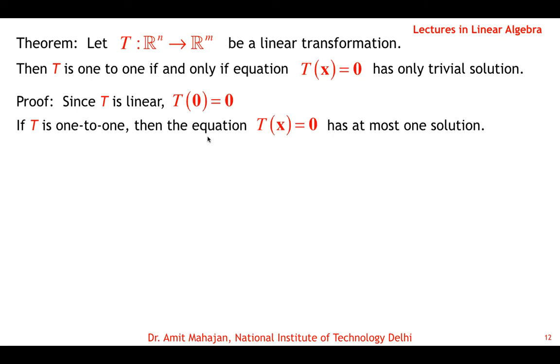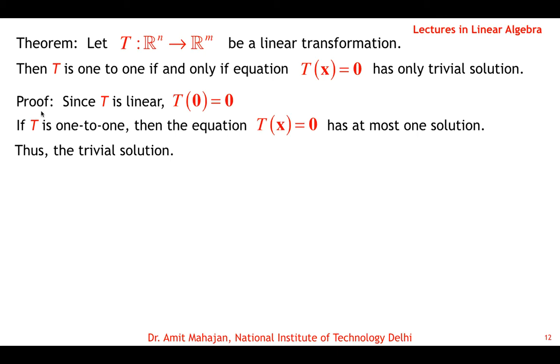Then by definition the equation Tx = 0 has at most one solution. That's what the definition says. But one solution is already known: T(0) = 0. So if you compare these two, clearly x = 0 is the only solution, and that is the trivial solution. So this is one side.